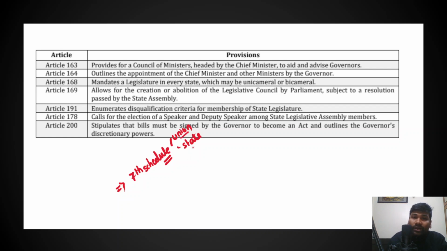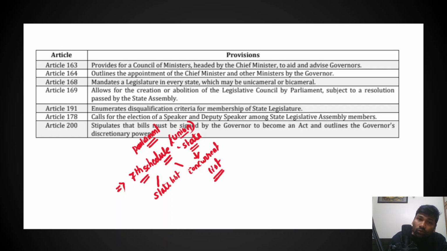Like at the union level, parliament makes laws on different subjects mentioned in the union list and concurrent list in the 7th Schedule. In a similar manner, state legislature also makes laws on the 7th Schedule, particularly the state list and also the concurrent list subjects.